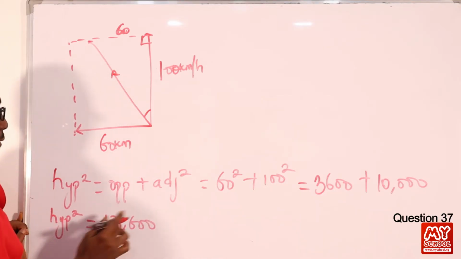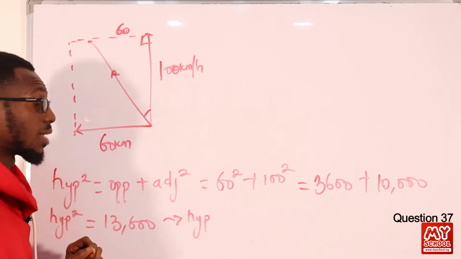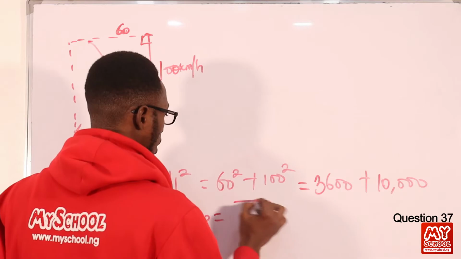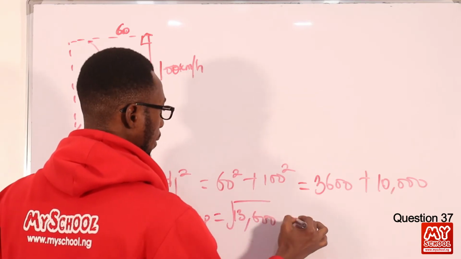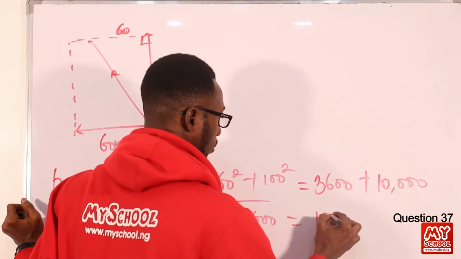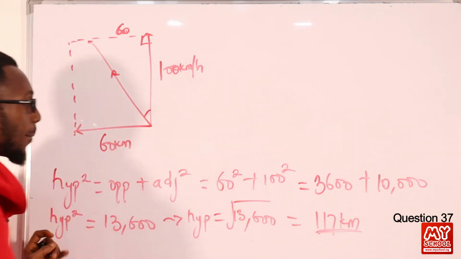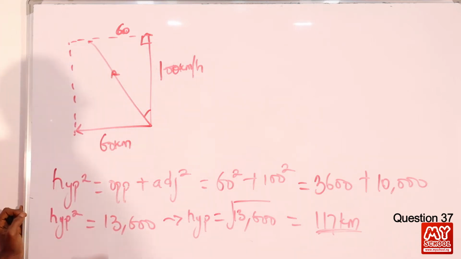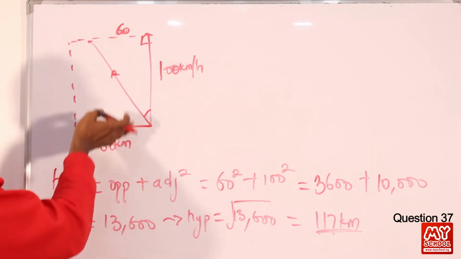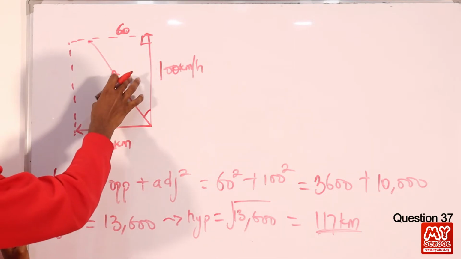So the square root of 13,600 is roughly 117 kilometers per hour. You can see that this actually makes sense. Why? The hypotenuse side is always the longest side. Here is 100, here is 60, and here is 117. So that is what we are looking for.